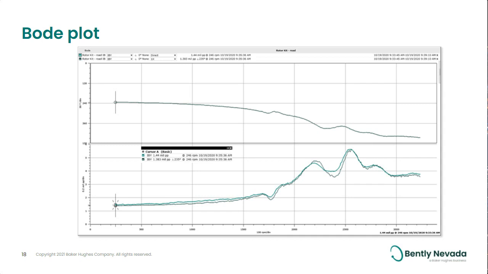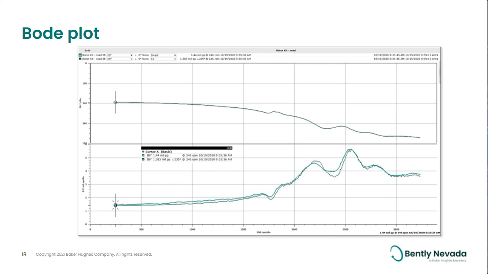So essentially, for the slow roll speed range, you're looking for the time when the rotor can't generate enough momentum to really be vibration. So what you're seeing are glitch and runout of the shaft. So typically you're going to look for a flat area on the phase. There's not much phase change and there's not much amplitude change.